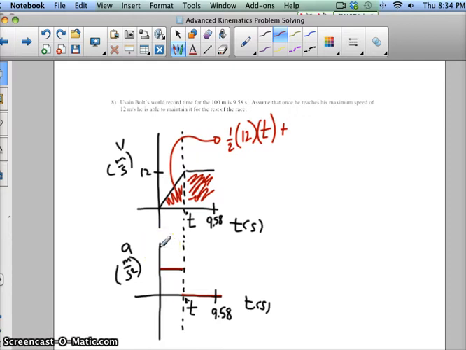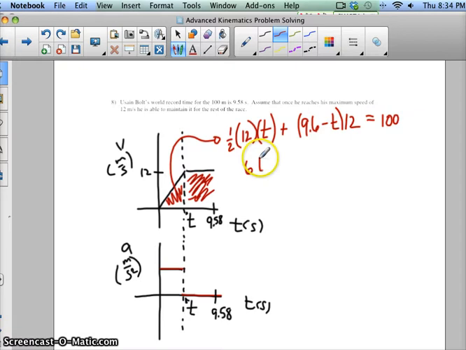And now I'm talking about 9.58, 9.6, I'm just going to round it. Okay? 9.6 minus T times 12. And that total area is going to be my displacement of 100 meters, right?